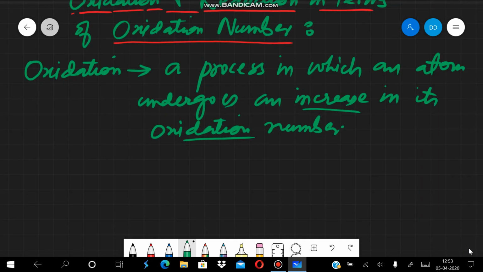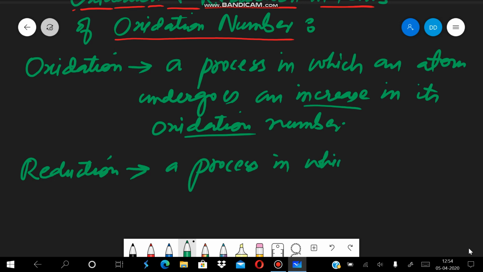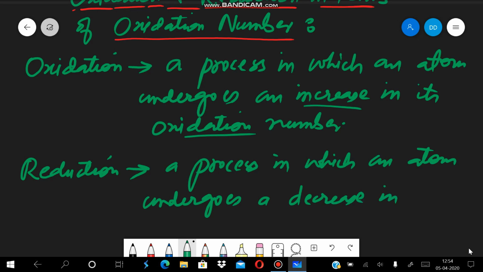And what is reduction? According to this concept, reduction is a process in which an atom undergoes a decrease in its oxidation number.